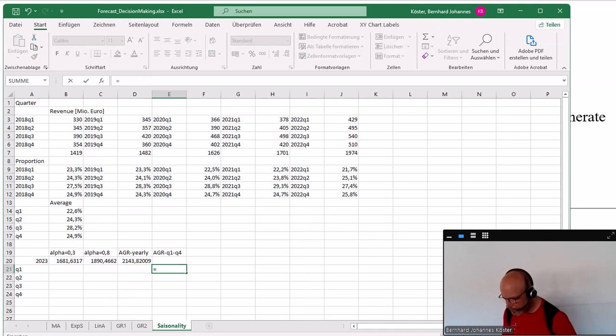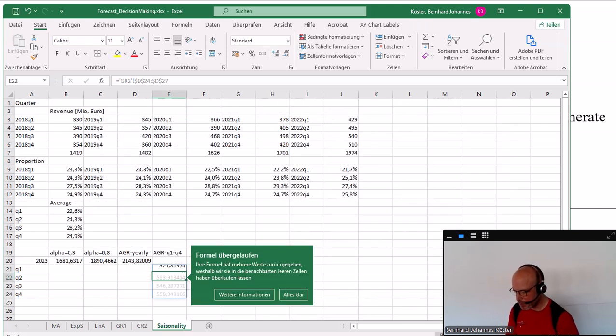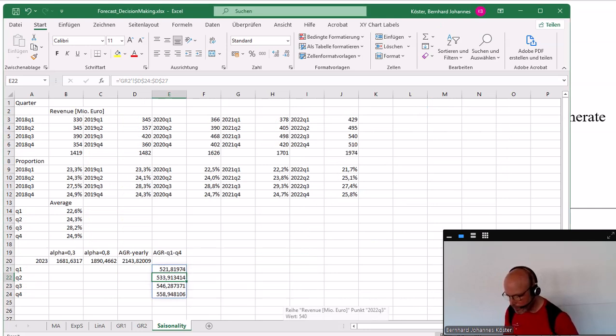These were the forecasts that we have just written down, and here we see this. This I should have mentioned before. Here you see that the fourth quarter, of course, if you forecast with a constant growth rate, then of course the fourth quarter has to be larger than the third quarter.